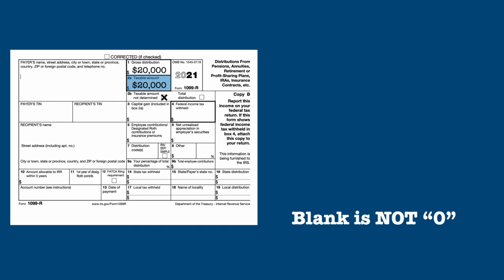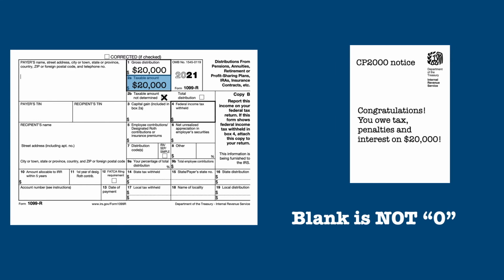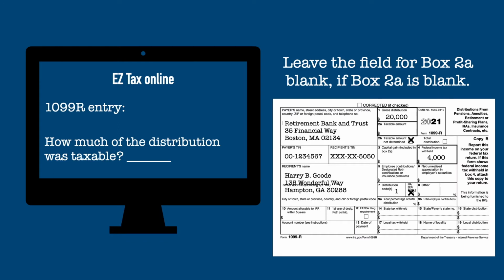This is because, over the years, many people have misinterpreted the blank box as being 0, and actually entered 0 into tax preparation software, resulting in IRS letters and general unhappiness. The best thing to do in this case is to leave the field blank in the software, which will automatically calculate the taxable amount of the distribution given other information you provide.